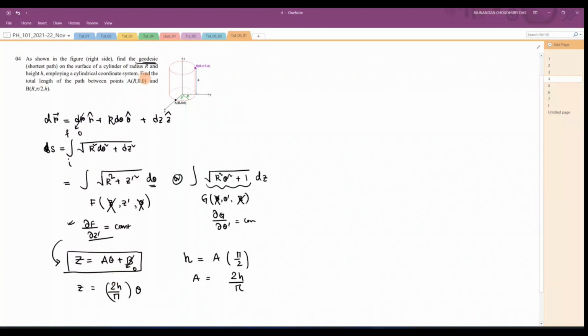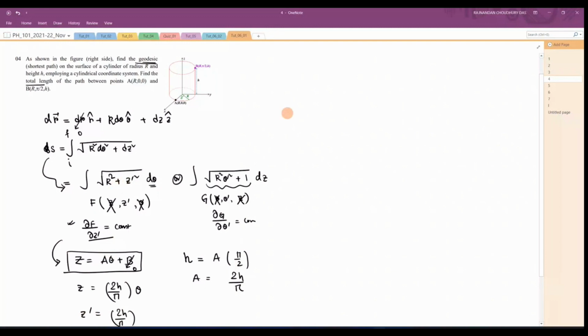Then, as somebody asked, how to find the total length or total time taken in the previous problem, we can simply write the total length will be nothing but this. So from here you know that z is there, so z prime you can find. z prime will be simply 2h by pi.